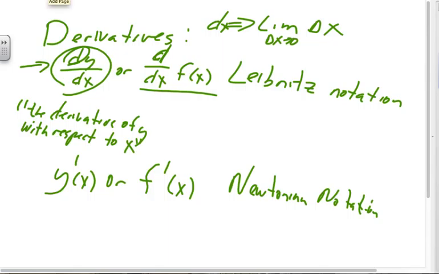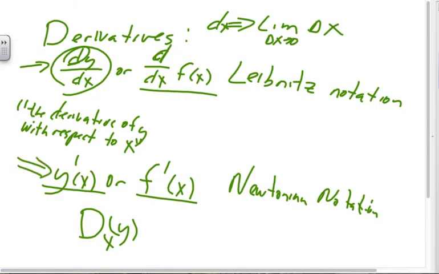However, you may not necessarily know what you take the derivative with respect to. Another way, very infrequently you see it written, is d sub x of y. All right, primarily you're going to see them written in these 2 ways, and you need to be able to go in and be able to translate between these 2 guys.